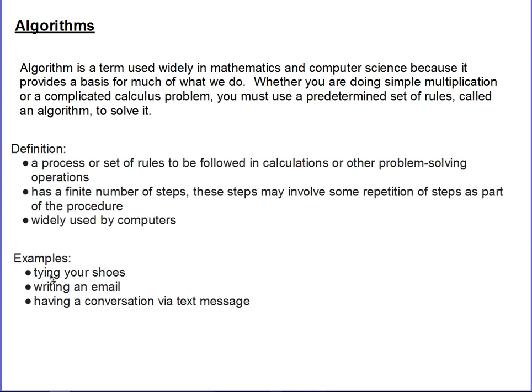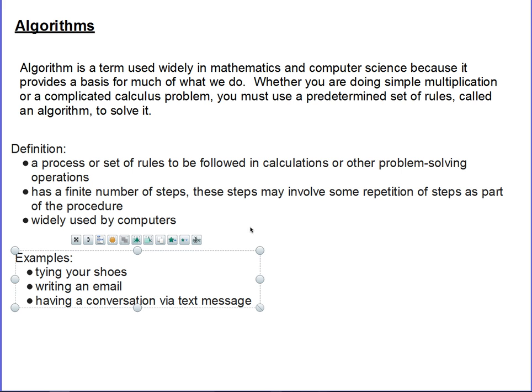We look at some real-world examples of algorithms. The process of tying your shoe. It's a process or set of rules. We're solving a problem where we want our shoe to stay on tightly, and it's something that you're going to repeat regularly. Writing an email is another process: you open or log into your email, determine who you're going to write to, add a subject, compose the email, hit send.